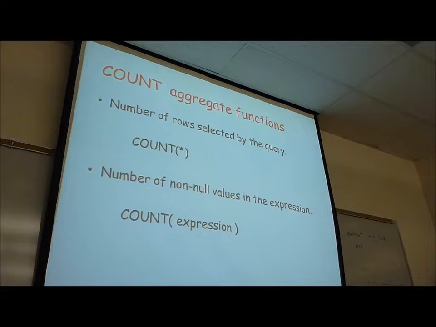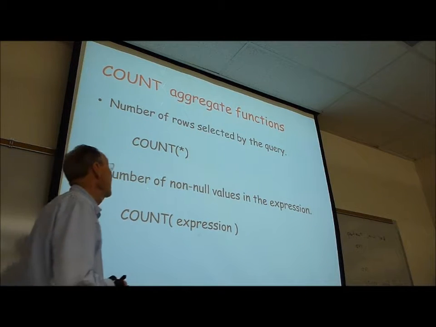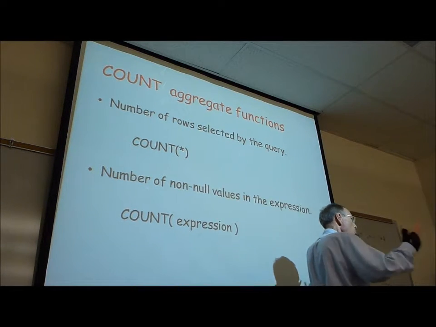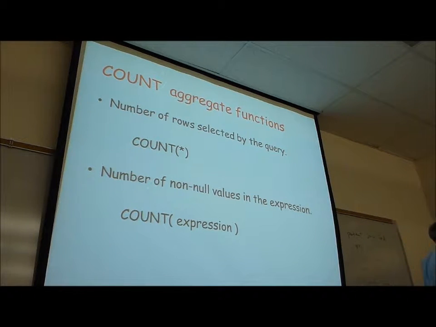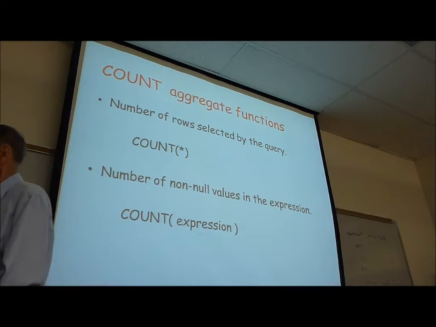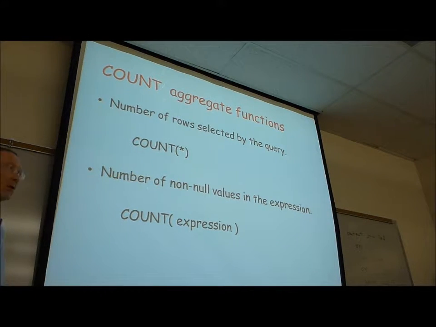This mechanism is the first of what we refer to as aggregate functions. They take a whole set of stuff and give you one number. That's what we mean by aggregating. We've got two types of aggregate functions to do counting. One is the number of rows selected by the query.